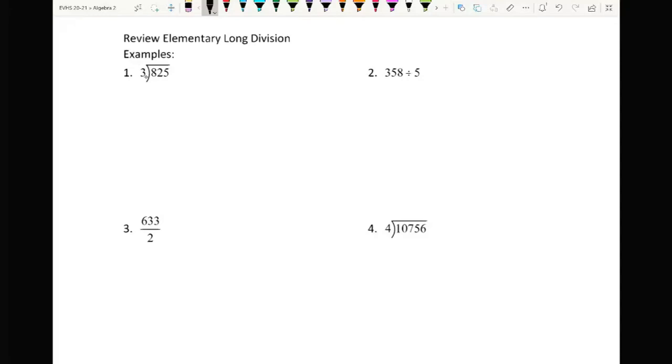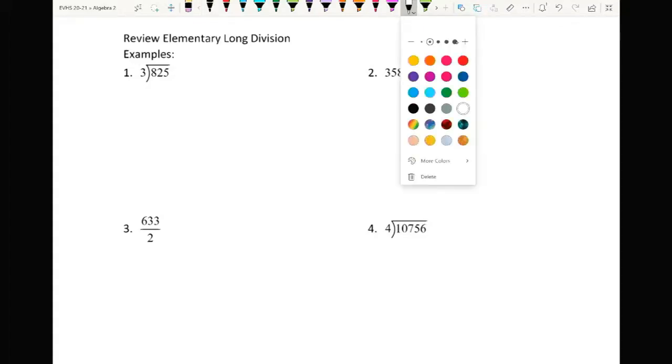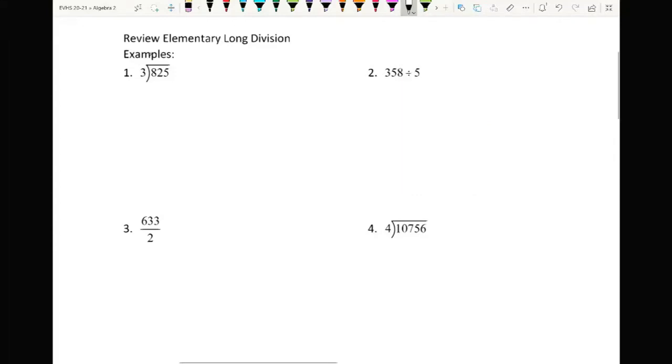Okay, so we're going to say, how many times does 3 go into 8? Well, you know what I'm going to do here? I need more room, so I'm just going to wipe that out. Okay. How many times does 3 go into 8? Well, 3 will go into 8 2 times.